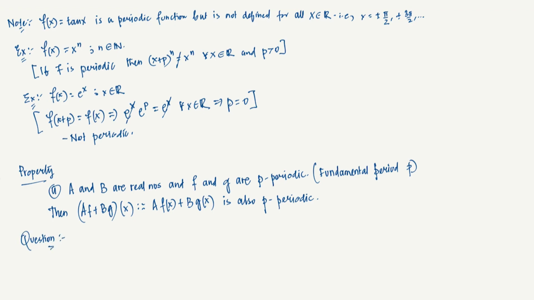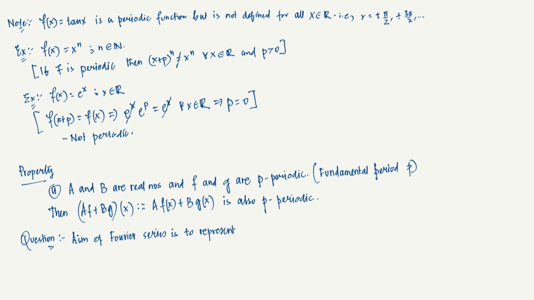So now the question is: why are we studying periodic functions? Because in Fourier series, the whole aim of Fourier series is to represent any function, and not any function, but let's just think of it as most of the functions.